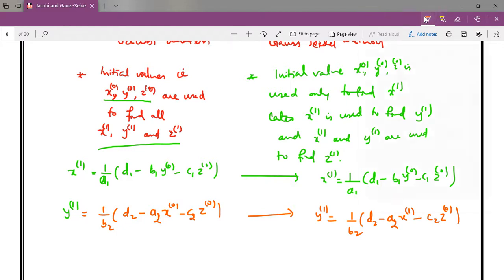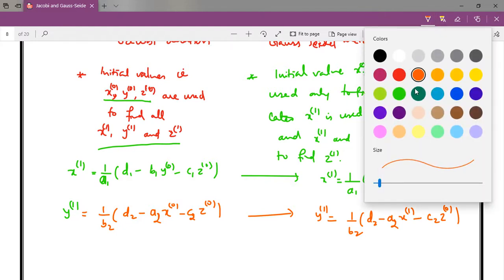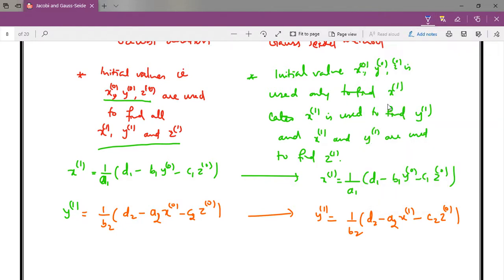Okay. So now to get z1 in Jacobi, we are going to use 1 by c3 into d3 minus a3 x0 minus b3 y0. Okay.